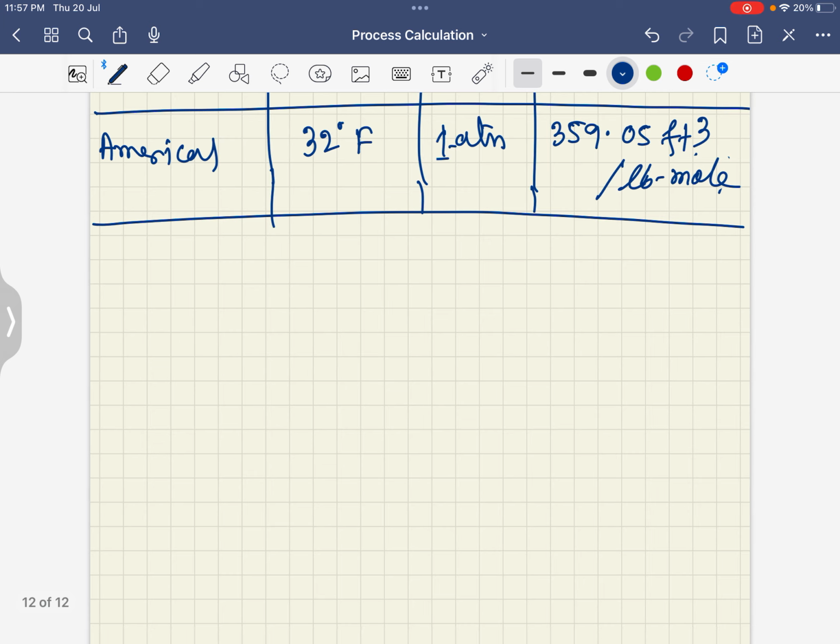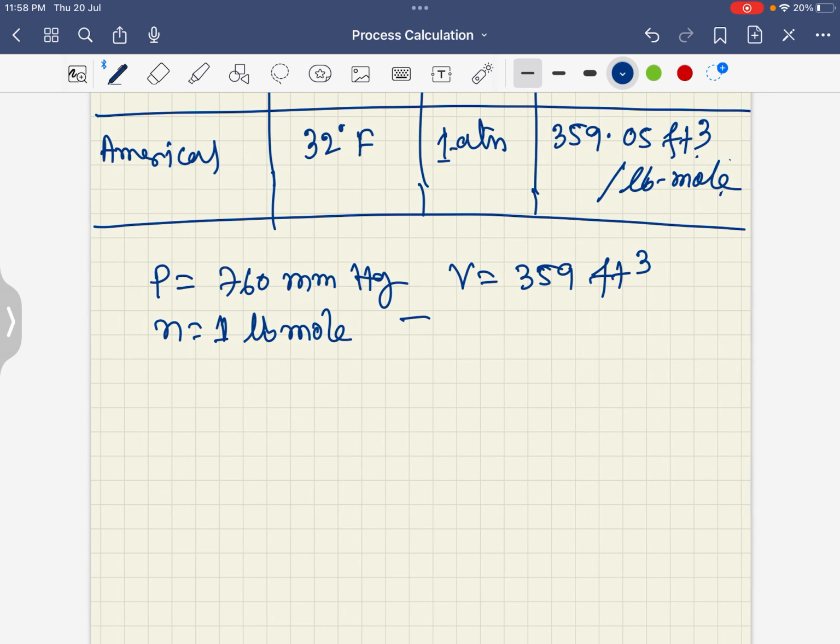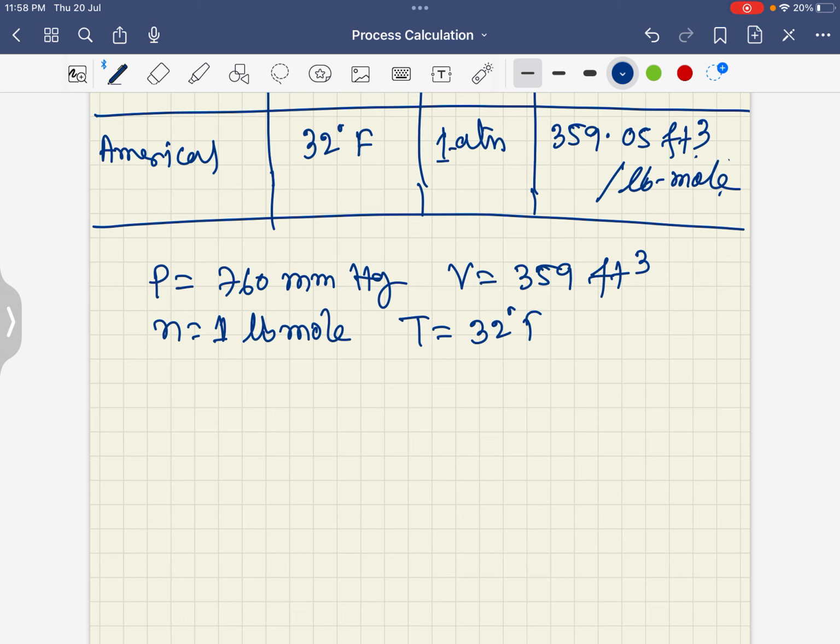Now here I am going to calculate R in different units again. So now I am taking P is equal to 760 mm Hg, and then V I am taking 359 feet cube, and then N is 1 pound mole, and then T is equal to 32 degree Fahrenheit, or we can take it as 32 plus 460, that will be Rankine.